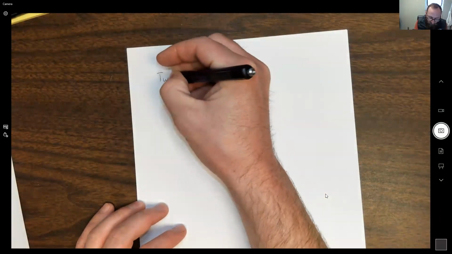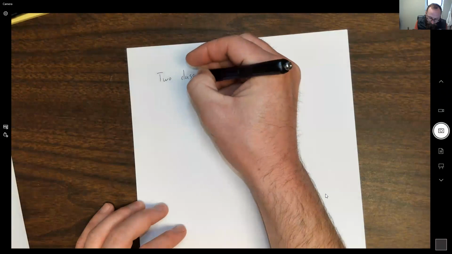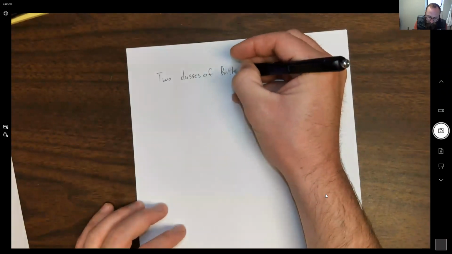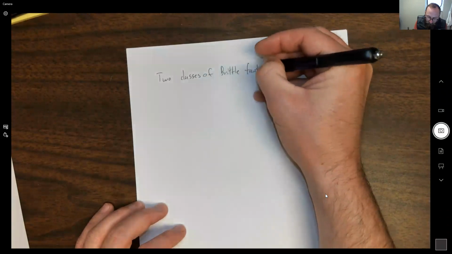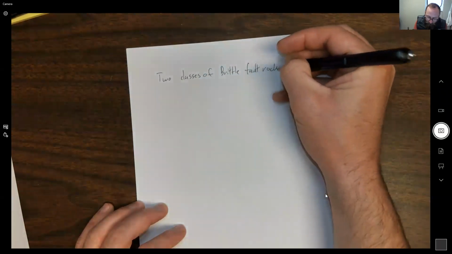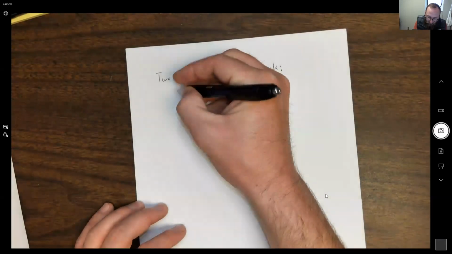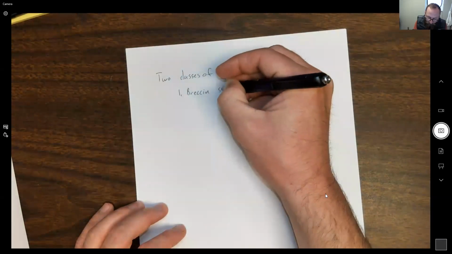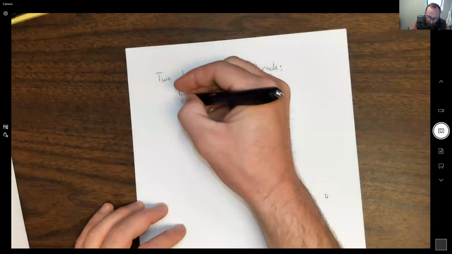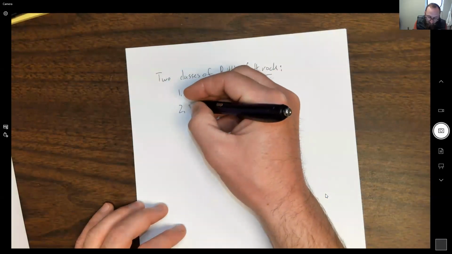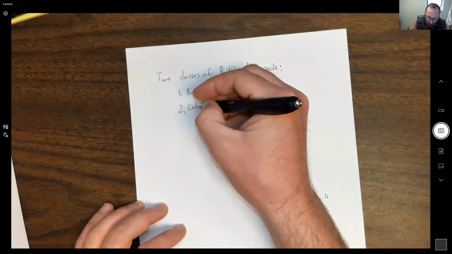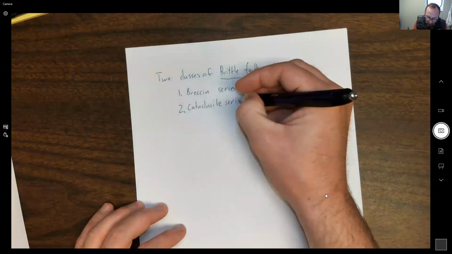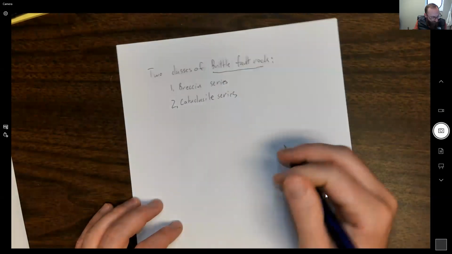Two classes of brittle fault rocks: the Breccia series and the Cataclasite series. And we'll look at the differences between these two in detail.